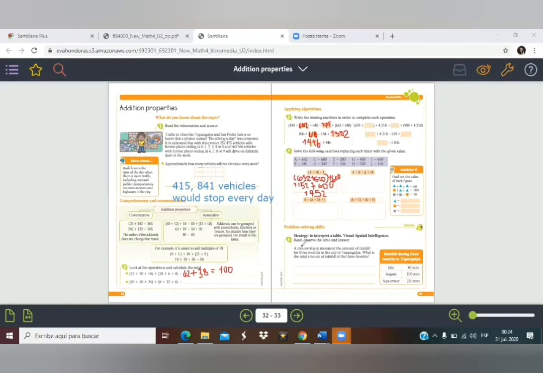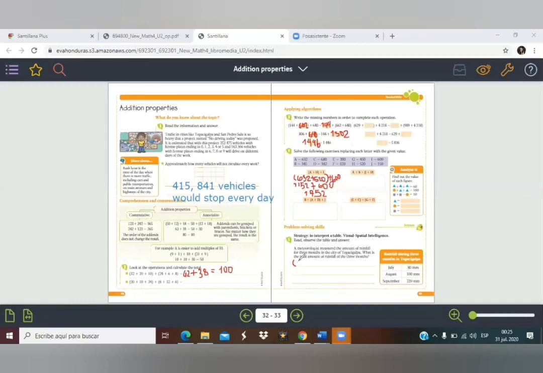What is the total amount of rainfall of the 3 months? As you can see here, we have 80 millimeters in July, 100 in August, 220 in September. What are you going to do? You have to write those numbers.